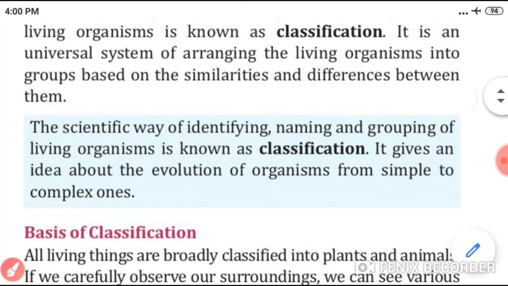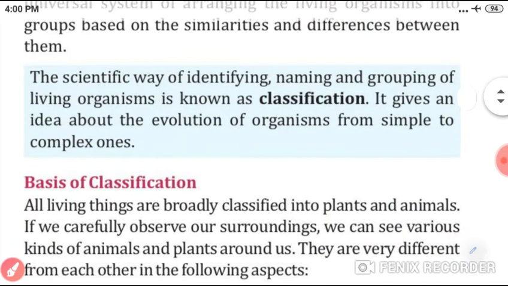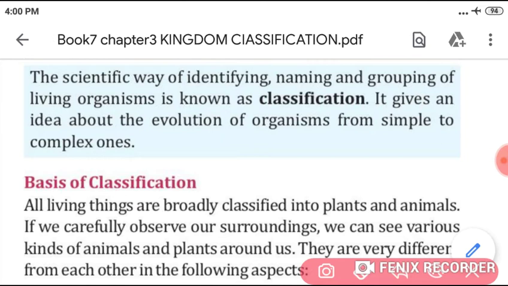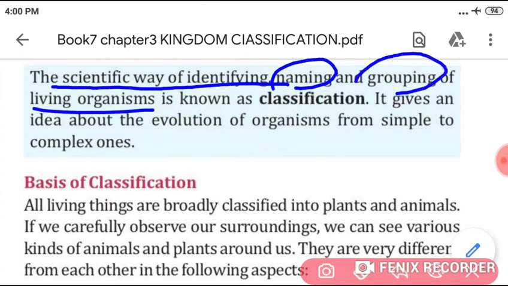So have a look at the definition once again: the scientific way of identifying, naming and grouping of living organisms is called classification.